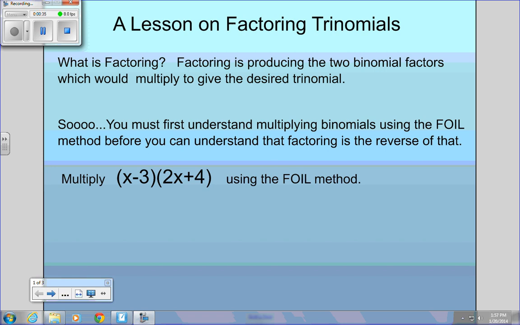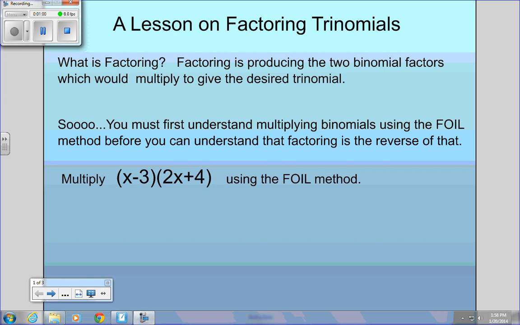What is factoring? Well, you've got to take the trinomial and break it into the two binomial factors that would multiply to give you that desired trinomial. Since factoring is the reverse of multiplying, let's make sure that you understand how to multiply two binomials first. One of the methods that is really commonly taught is called the FOIL method.